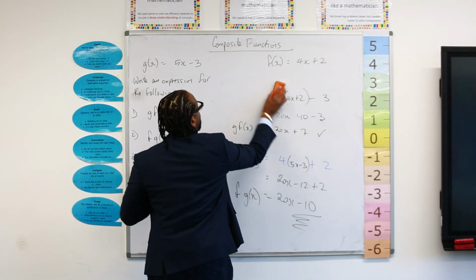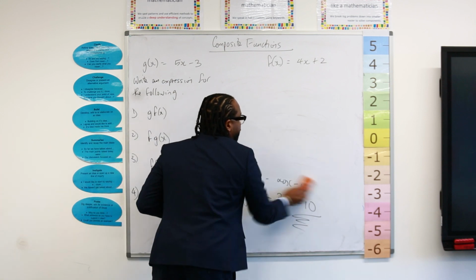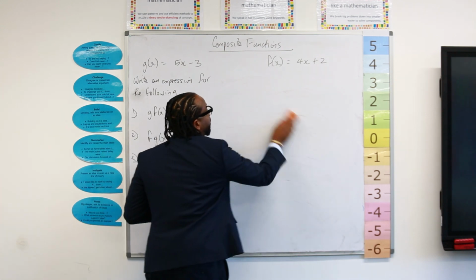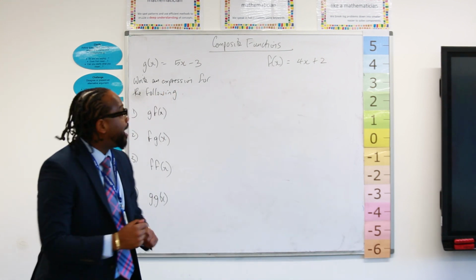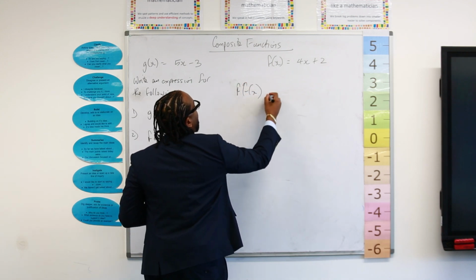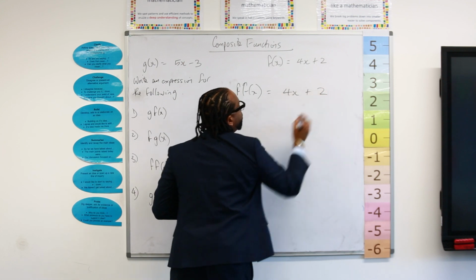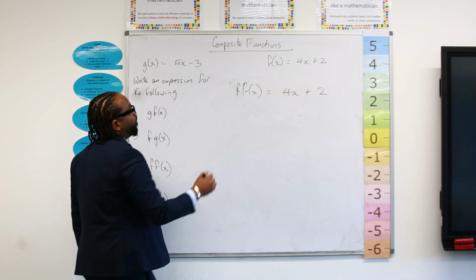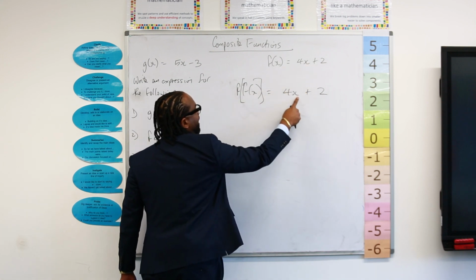Now, the ones that students find difficult is when you're going to substitute a function back into itself. So what does that simply mean? It means if you have f of x, I'm going to first start with f of x, which is 4x plus 2. And I'm going to use the entire expression as my input.